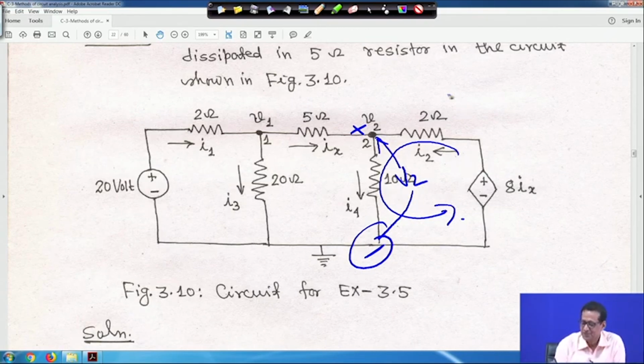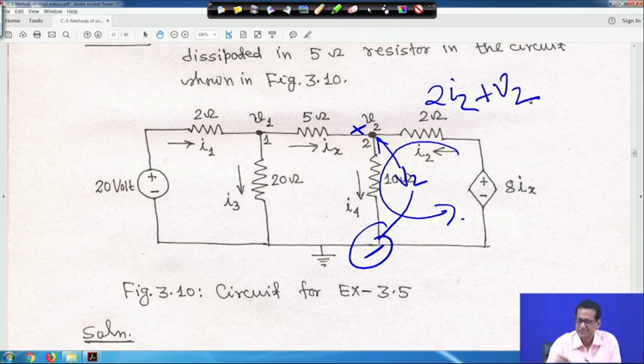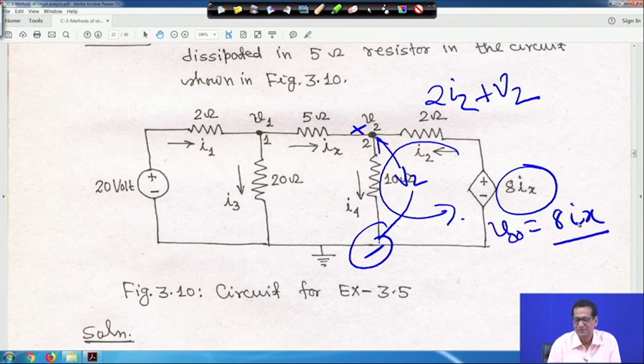So it will be 2 into I2. Otherwise, if you take clockwise, the sign has to be changed, that is all. 2 into I2 plus V2, since it encounters the plus terminal first, and then it encounters the minus terminal first of the dependent voltage source. Basically it is a dependent voltage source, say V0 equal to 8 Ix, not a current source, there should not be any confusion.